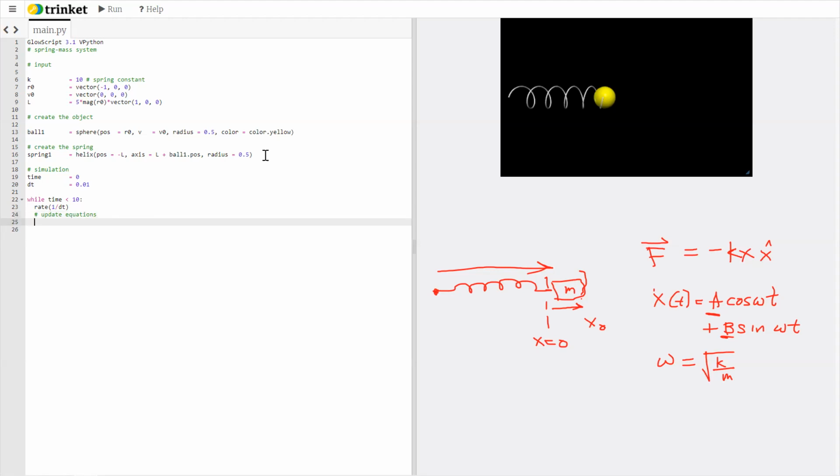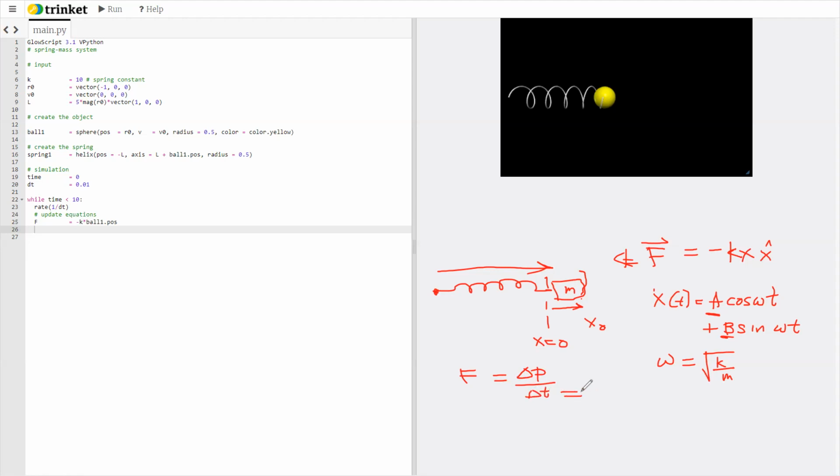First is the force. The force F is negative kx. So negative k. Since we are in vector form, multiply this with the ball's position, ball 1 dot pos. Next, since we already know the net force, the update equation using the second law, dp dt.